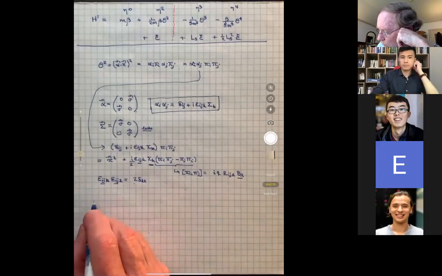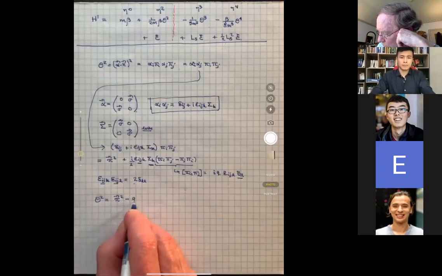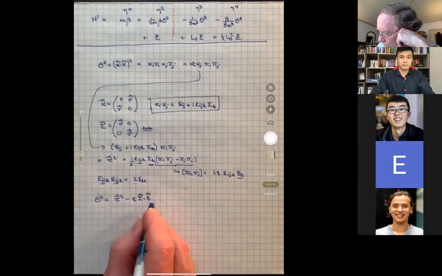And anyway, the result of this is that O squared now becomes equal to pi vector squared minus Q times capital sigma dotted into the magnetic field. Okay?